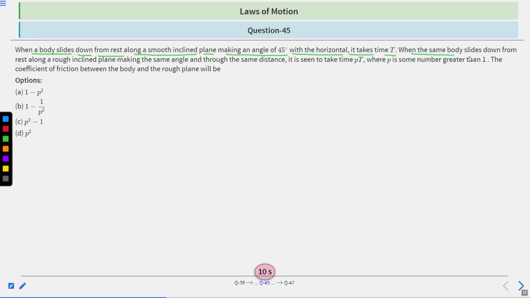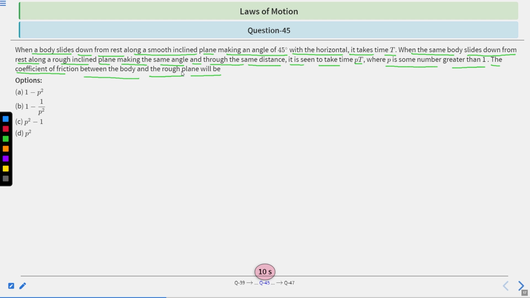When the same body slides down from rest along a rough inclined plane making the same angle and through the same distance, it is seen to take time pt, where p is some number greater than 1. Clear? The coefficient of friction between the body and the rough plane will be what?